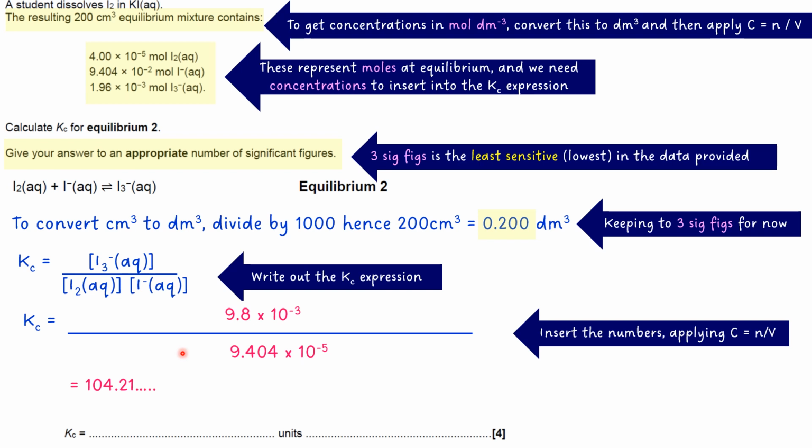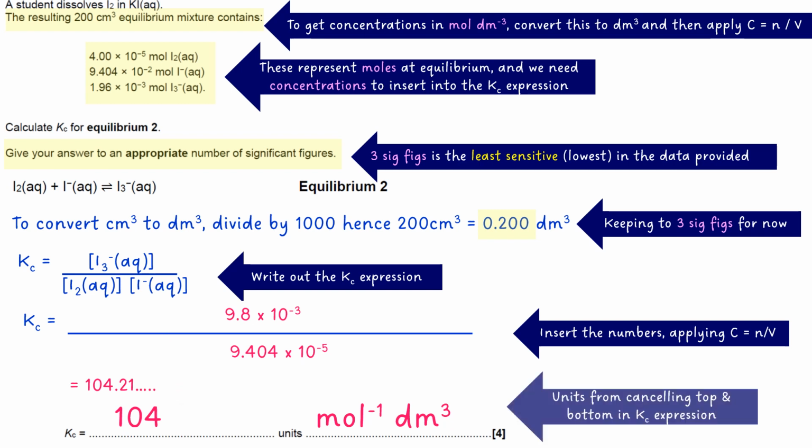So that's what I should apply. Now, if I also need to do my units, what do I do for that? Well, I put in moles per decimeter cubed for each of the 3 concentration terms. And cancelling through top and bottom will give me mole to the minus 1 decimeter to the power of 3.